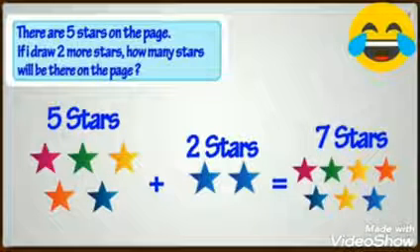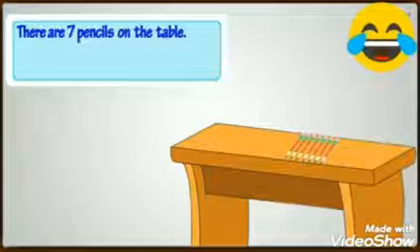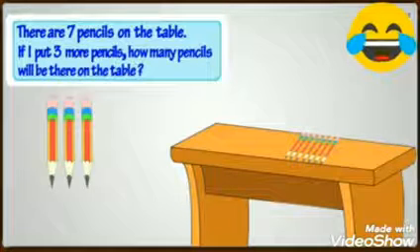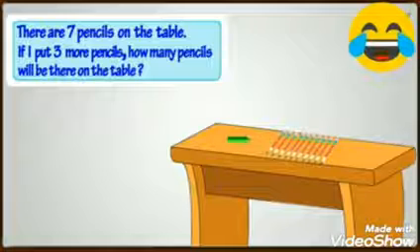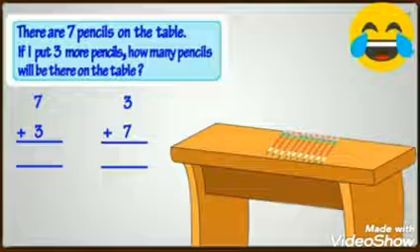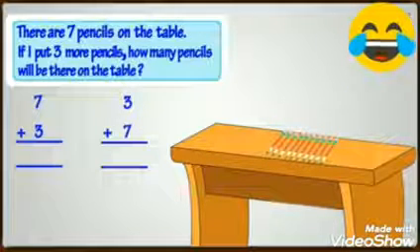Let's take another example. There are 7 pencils on the table. If I put 3 more pencils, how many pencils will be there in total? So we have to add 3 and 7.